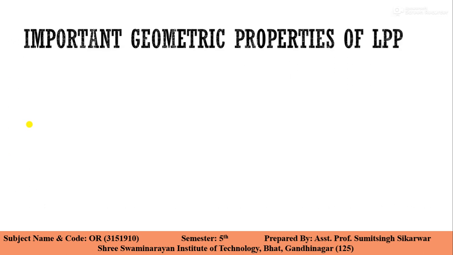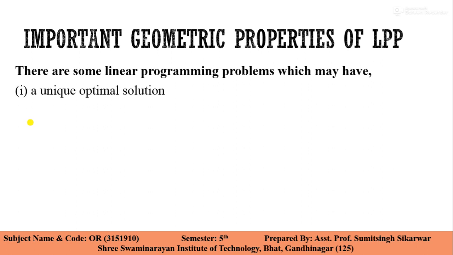Now, let us understand the important geometric properties of LPP. The first property is a unique optimal solution, which means from a graphical method, we are having a unique optimal solution. In this, we will see the examples which have a unique or a single optimal solution.